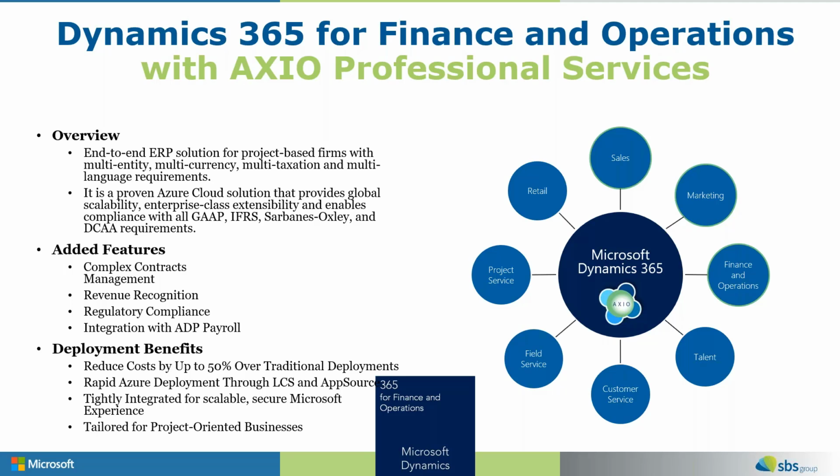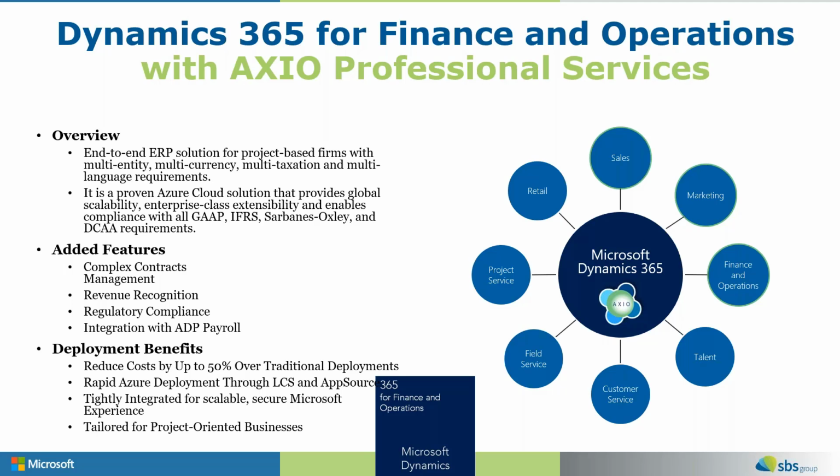So on top of that, what value do we bring as a partner? AXIO for Professional Services is a solution from SBS Group, which brings in all the enhancements and the added functionalities and features, some of which you see on the screen here. We have built end-to-end contract lifecycle management feature on top of what we have in the standard system. You think of managing different types of contracts ranging from simple time and material contract or a cost plus contract or even a fixed price or subscription type contract.